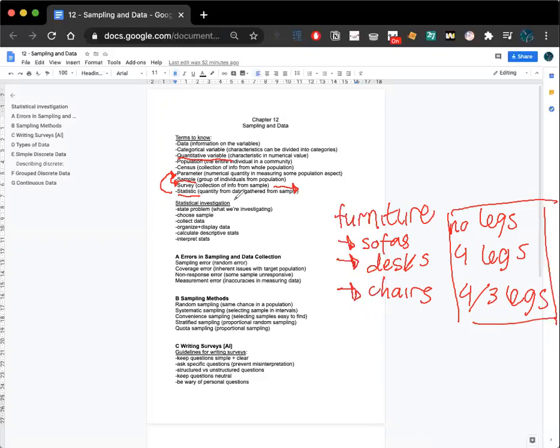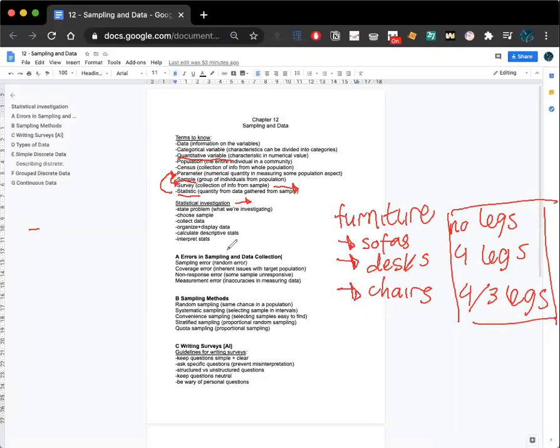Okay, so in this chapter, we also learned about how to use statistics when you're trying to do an experiment. And that's what you call statistical investigation. There are some steps that you need to follow in order to do a statistical investigation. The first one would be to state the problem or the thing that you want to investigate.